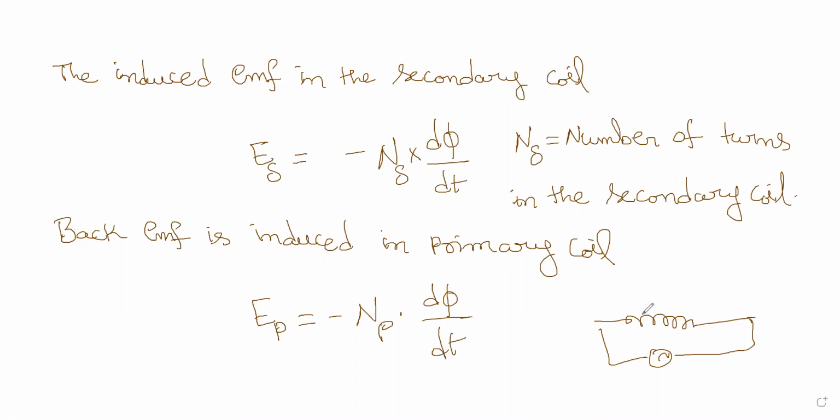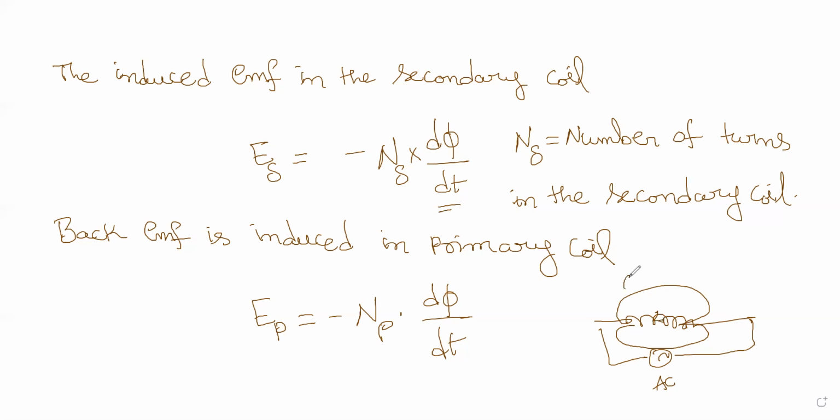When you supply an alternating current through the inductor, it creates a time varying magnetic field, so the flux also varies, and the rate of change of magnetic flux creates an induced EMF within this coil.